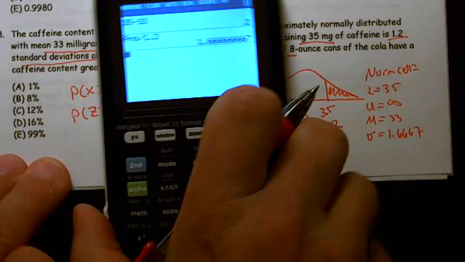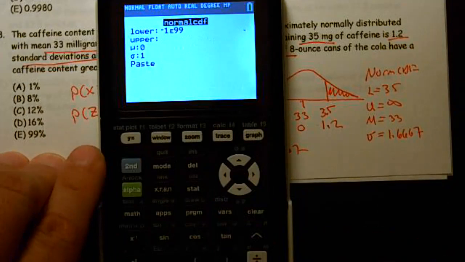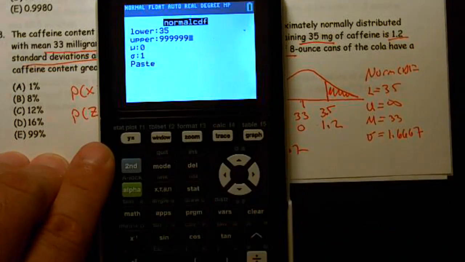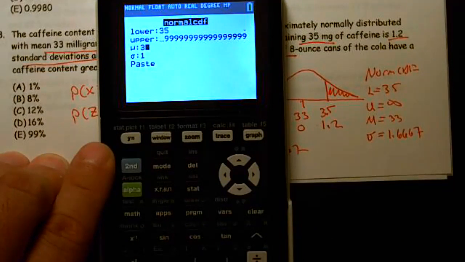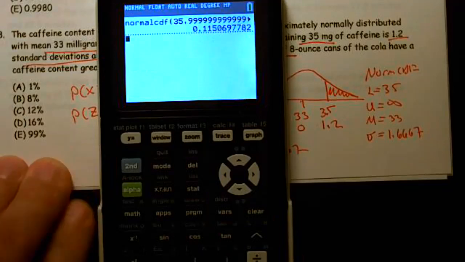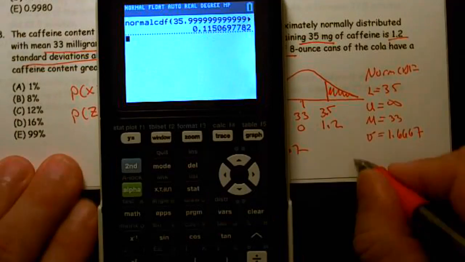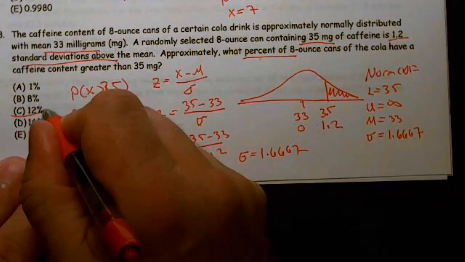All right, so plugging that in, second vars, normalcdf, lower bound 35, upper bound loading that up with a bunch of 9s, mean of 33, standard deviation 1.6667, and I end up getting about 12%. I get 0.115. So this ends up being 12%.